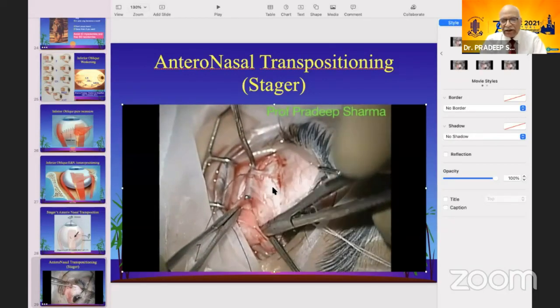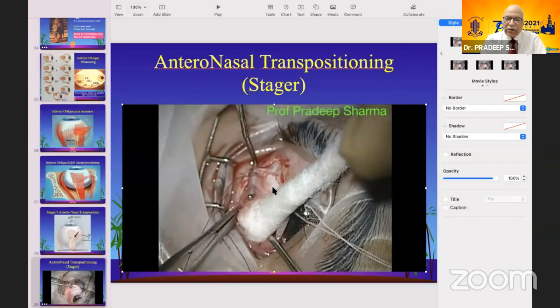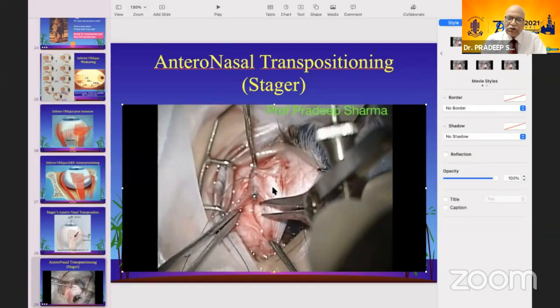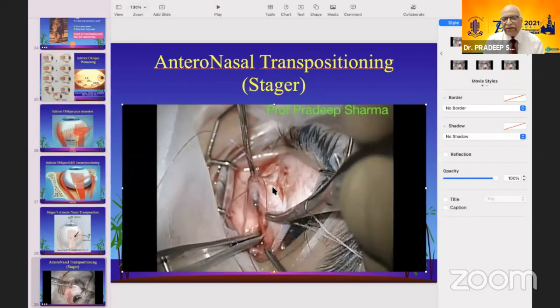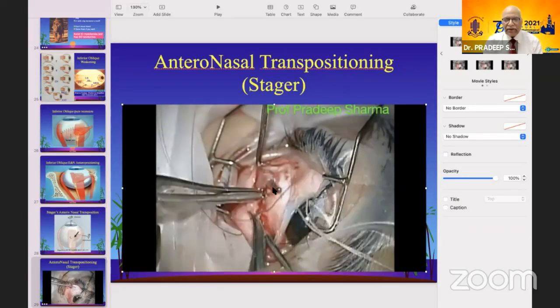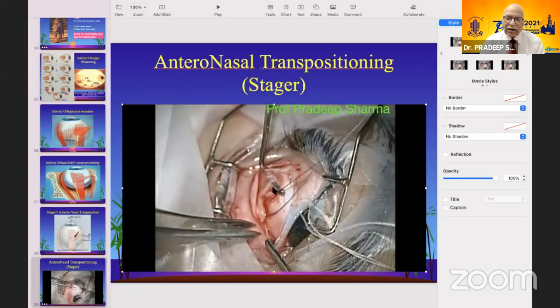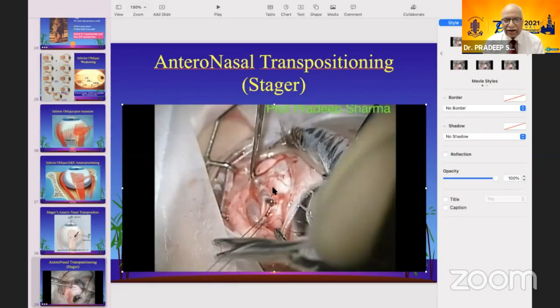And now 2 millimeters nasal and 2 millimeters posterior you mark, and this gives you a point as described by Stager. And this is very effective for controlling a 4+ inferior oblique overaction. So it's a very simple surgery, doesn't have a problem in doing, and you can just get the conjunctiva closed.